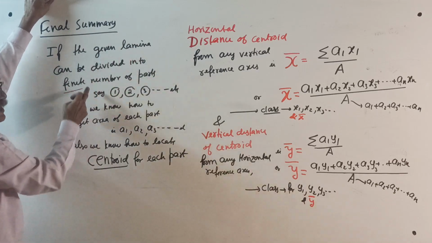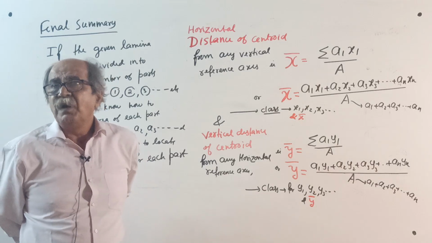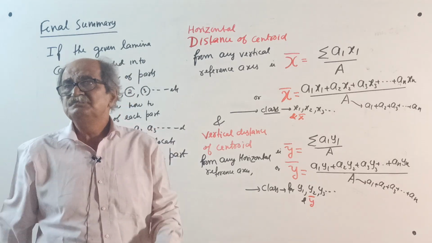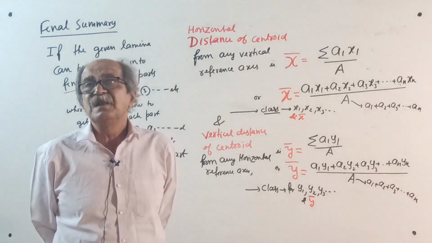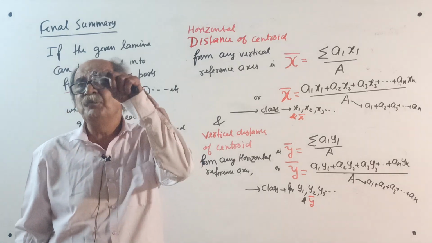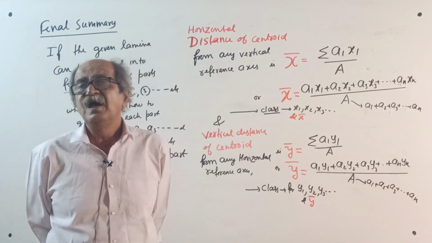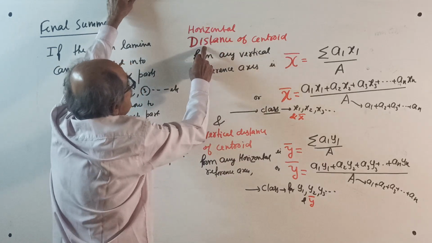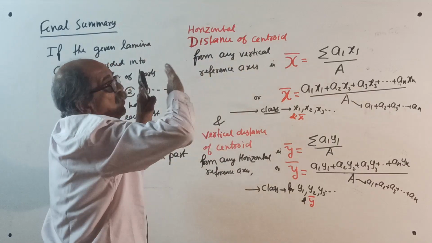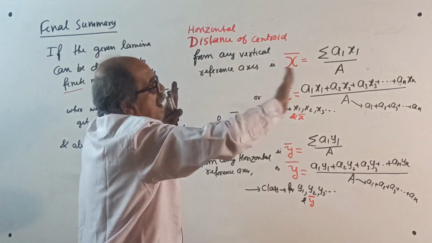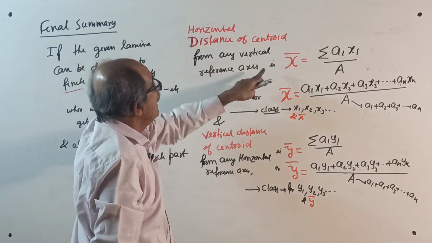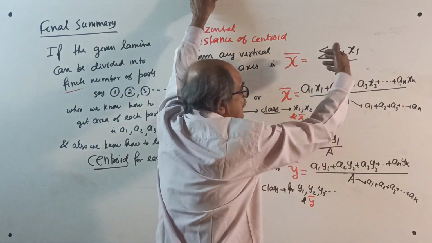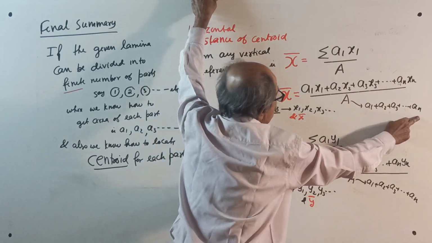If the given lamina can be divided into a known number of parts, say some rectangles, triangles, and some circle, semicircle or quadrant, because for all of them you will know how to get the area and locate its own CG, then the horizontal distance of the centroid x bar from any vertical reference axis is sigma a1x1 by a, that is a1x1 plus a2x2 plus a3x3, etc., divided by a, which is a1 plus a2 plus a3.